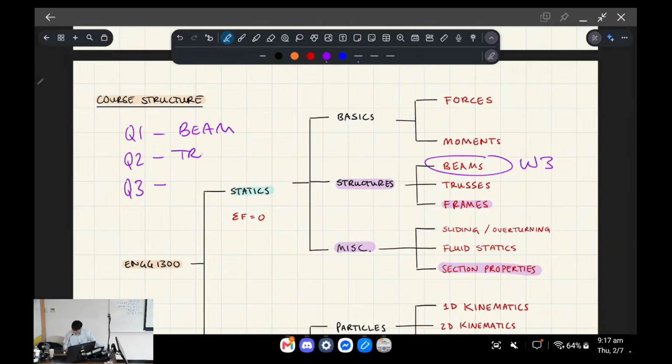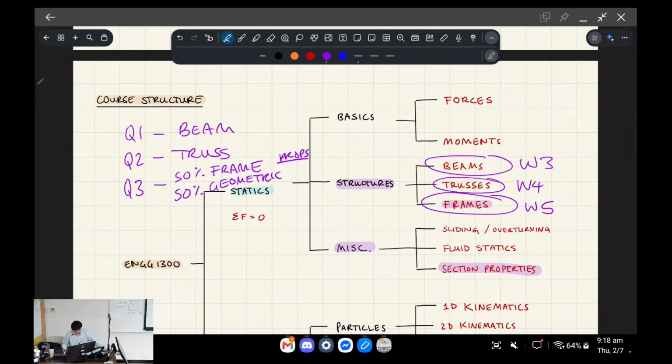The second question is always a truss. That's the week 4 topic we talked about last week. And for question 3, there's a 50% chance for a frame, which is what we're going to talk about today. And there's a 50% chance for geometric properties, which is also what we're going to talk about today.